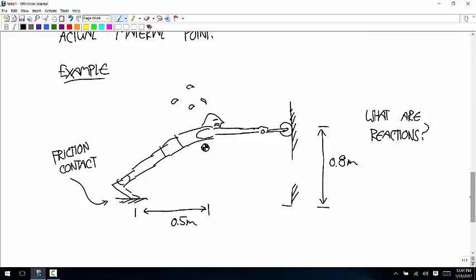Okay, so looking at this, it looks like we're missing a couple of important pieces of information. We don't know how high the center of mass is. We only know horizontally how far out it is. And we don't know horizontally how far out the roller reaches. We only know how high it is.